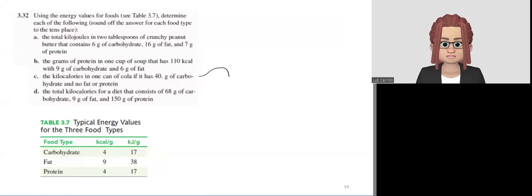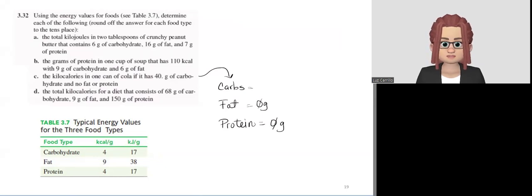So for letter C, since I am interested in looking at the kilocalories, I can say that when I look at the carbs, I look at the fat, and I look at the protein, this food product has 0 grams of fat, 0 grams of protein.